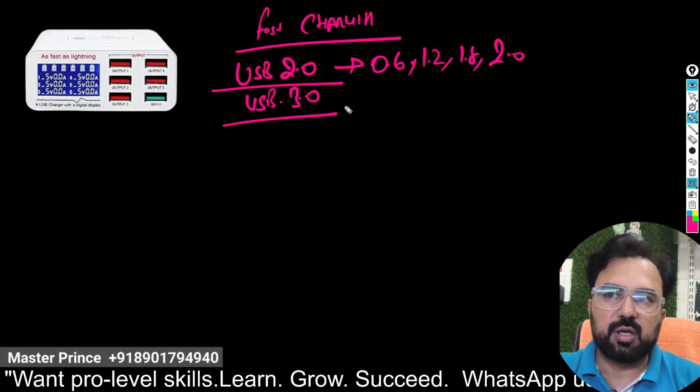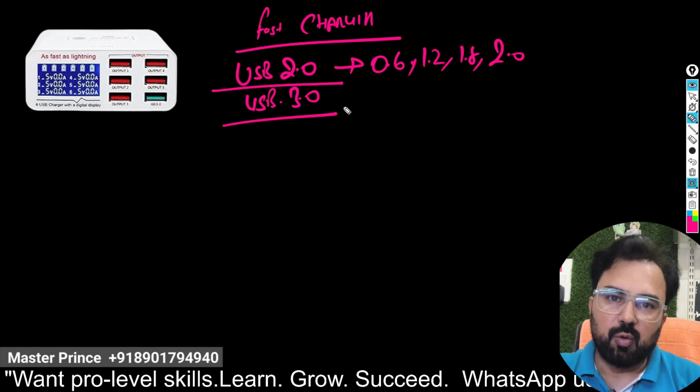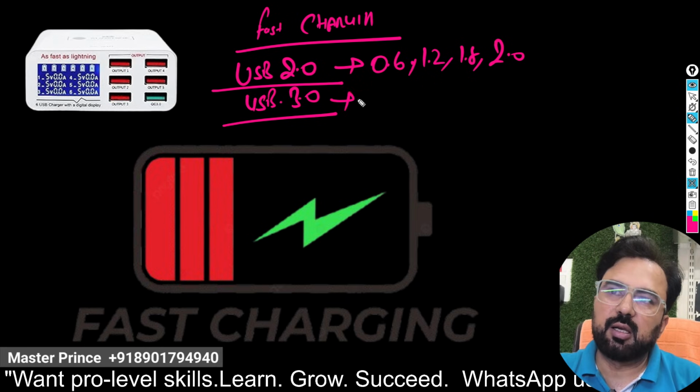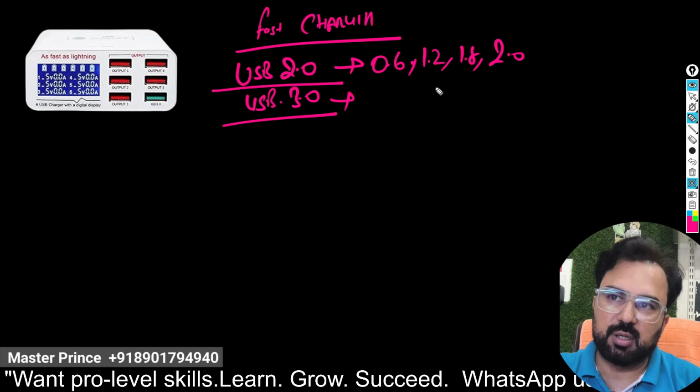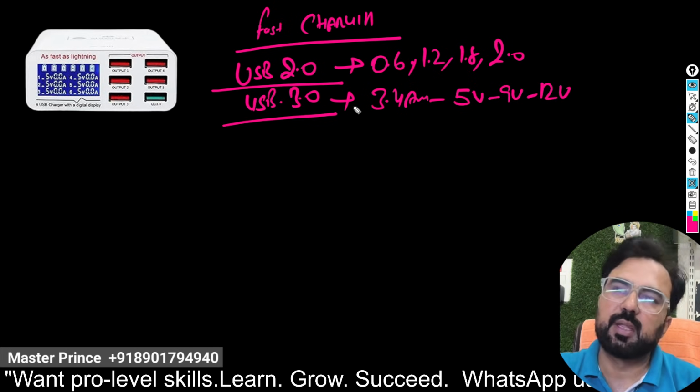But when you connect a USB 3.0 data cable to a phone that supports fast charging, which has two charging ICs, let's say, then with the same circuit it goes up to 3.4 ampere, and also 5 volt to 9 volt. You can easily see it on a USB ampere meter.